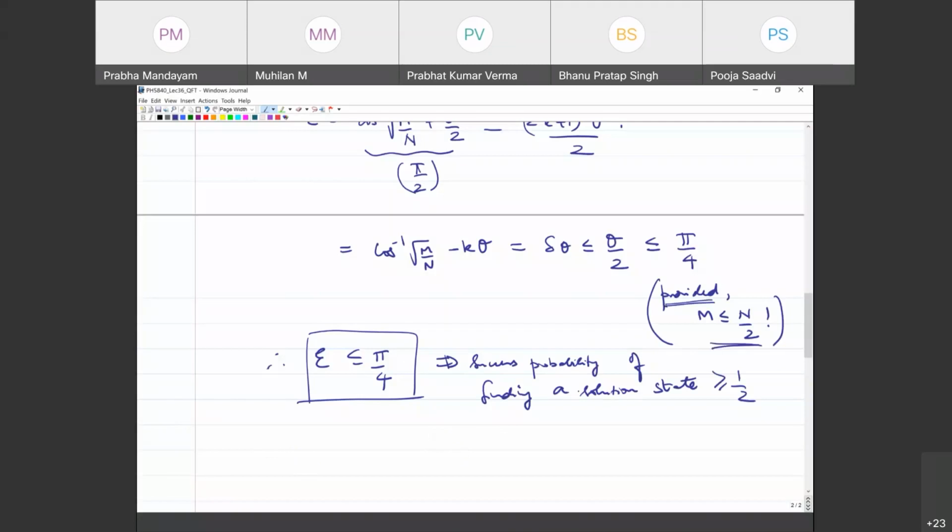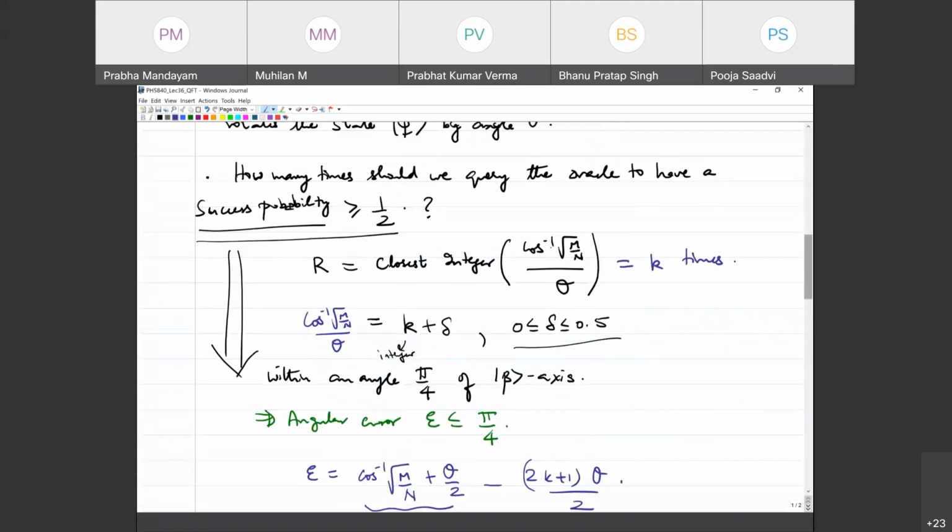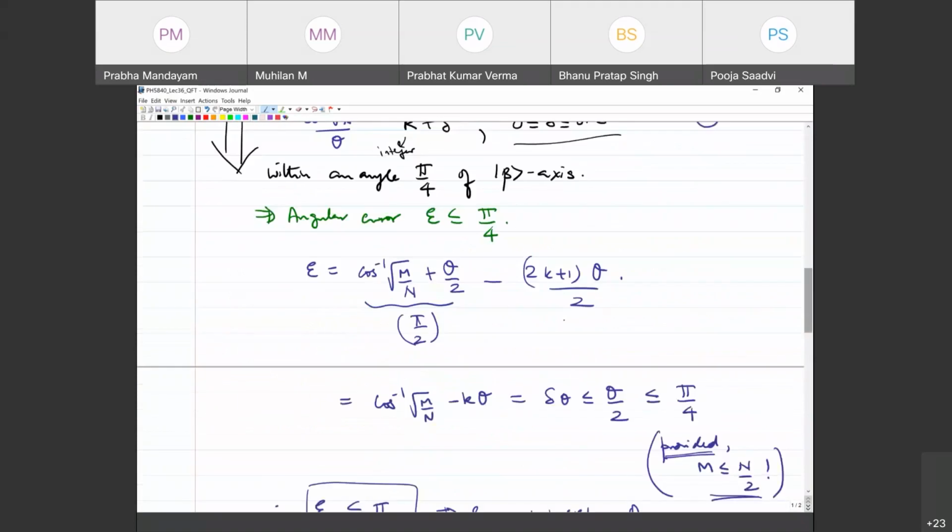All that we've used here is the idea of the closest integer function. Let me call this equation 1, and this simply comes from the fact that the Grover iterate each time rotates you by theta. So after k rotations you are here, and this equality is basically using 1.